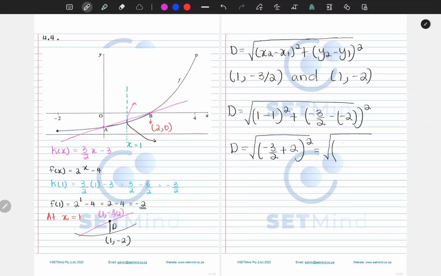Sorry, it will not be 3 over 2. It is going to be a half when you add that and then squared. So finally, you will square root the square of a half, which you should be able to see that the d will end up being a half. So our distance is essentially 0.5 units. That is the answer that we're expecting us to be able to provide for 4.4.